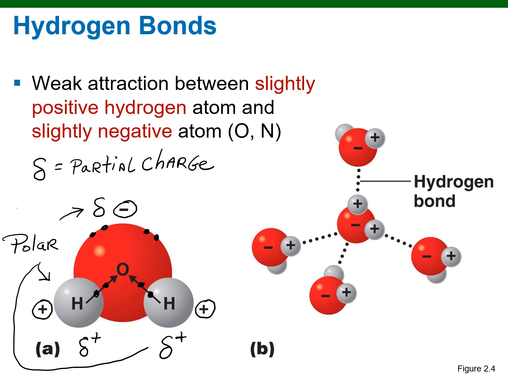And so then now, if we take that into account, that water has this polar nature to it, then we can see here that multiple water molecules can interact with one another through these dotted lines that we see here.